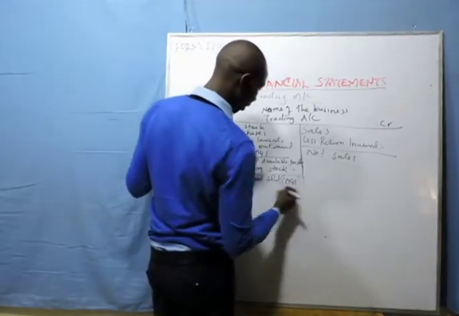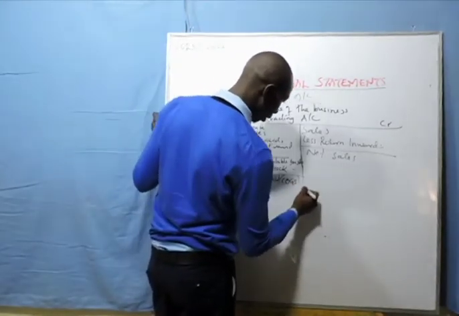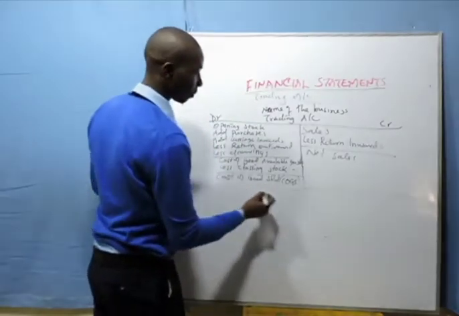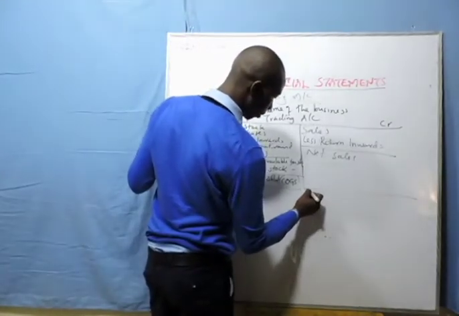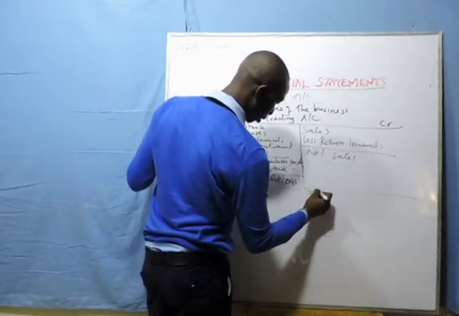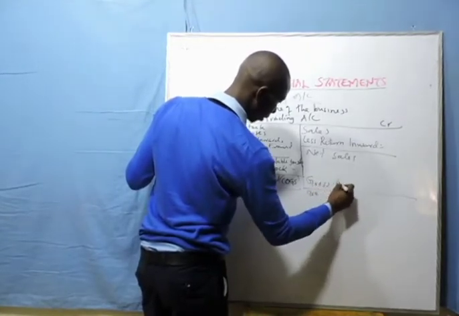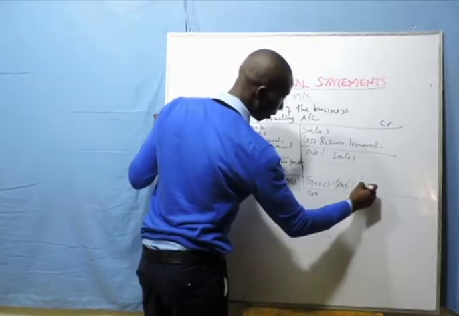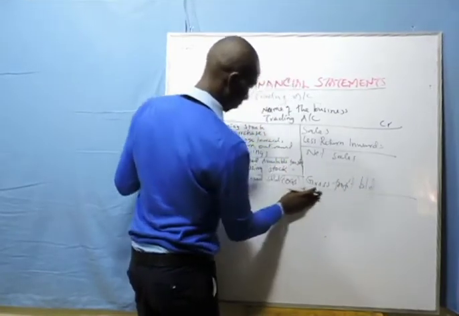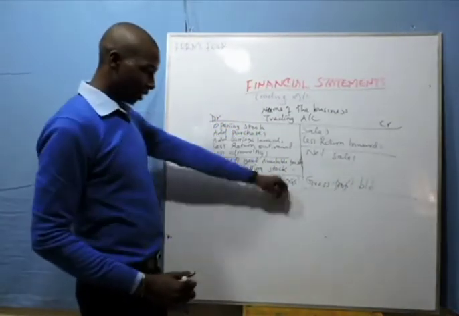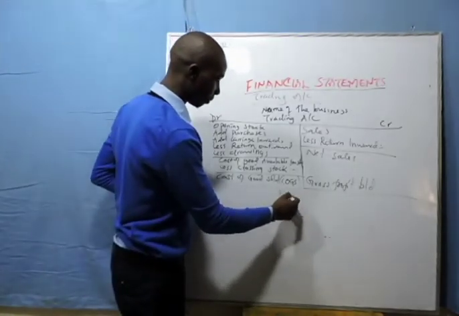So the two sides must balance at a point. Here I have gross profit, which I will bring down. On this side, I'll add and see what I have.